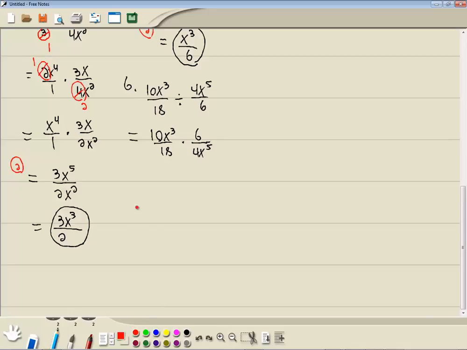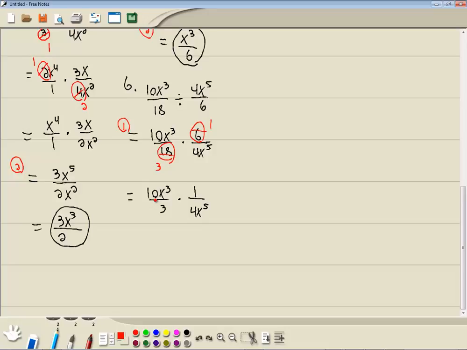And let's start doing some simplifying. Step 1 of multiplying fractions: we look for a number on top and a number on the bottom, both divisible by the same number. Well, 6 and 18, both divisible by 6. 6 divided by 6 is 1. 18 divided by 6 is 3. So we're going to have 10x to the third over 3 times 1 over 4x to the fifth.